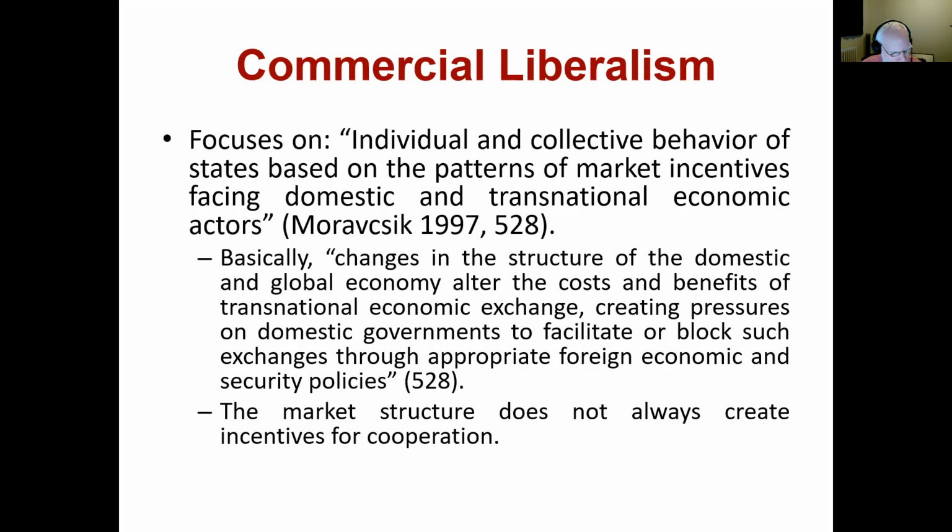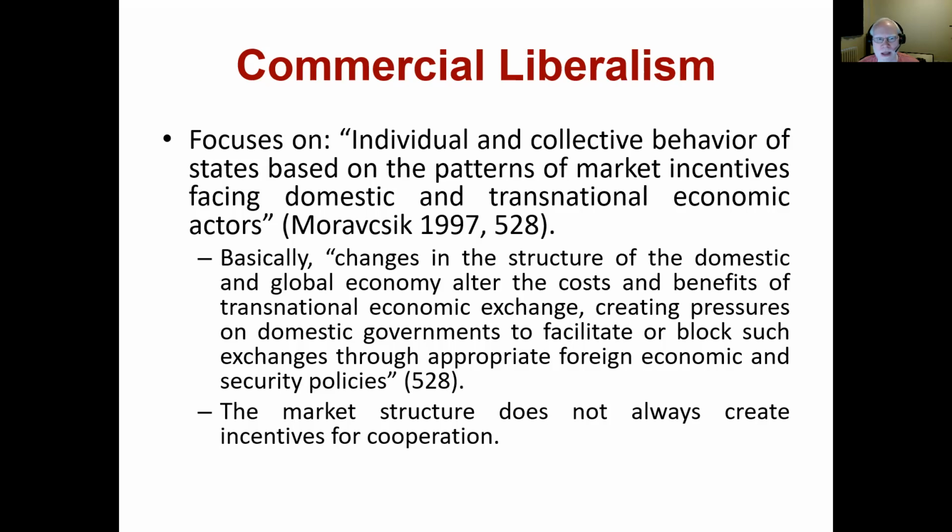And so it'll create pressure on the domestic government to, in this case, block such exchanges using appropriate foreign and security policies. So to block free trade. The flip side could be to facilitate free trade using appropriate economic and security policies, right?